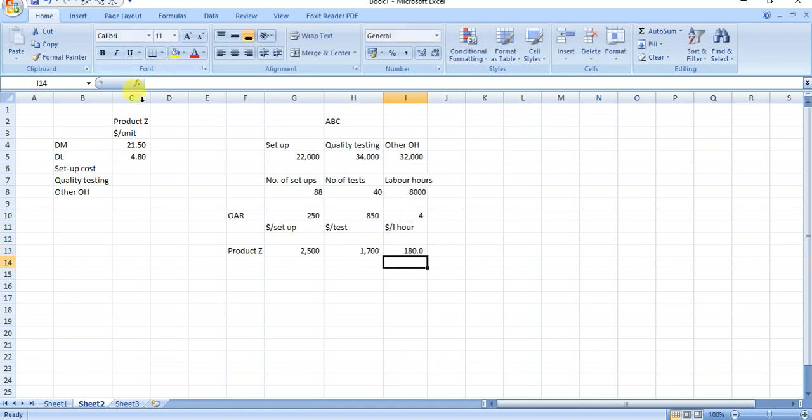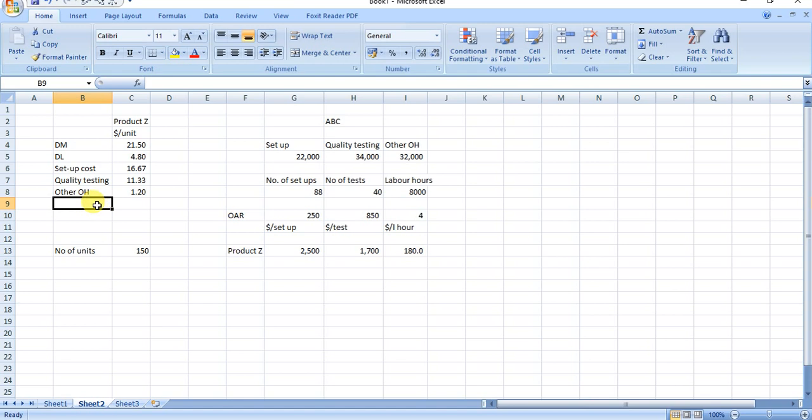So per unit cost is going to be, we know number of units is 150. Let me write that somewhere. Number of units 150. So setup cost will be 2500 divided by 150. Quality testing 1700 divided by 150. Other overheads 180 divided by 150.